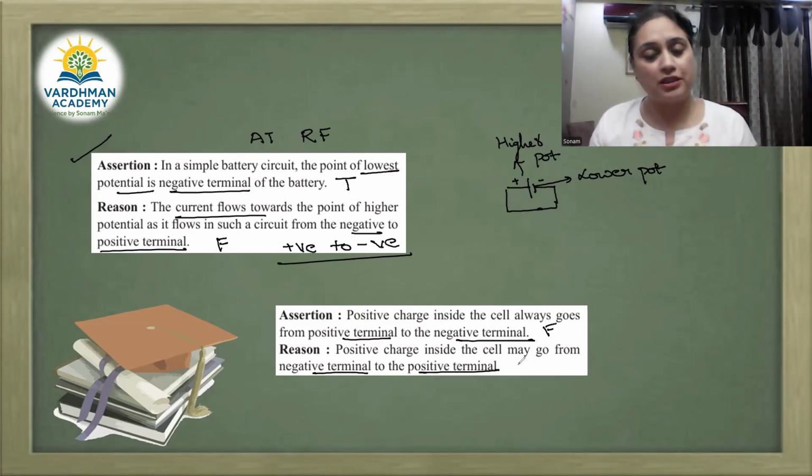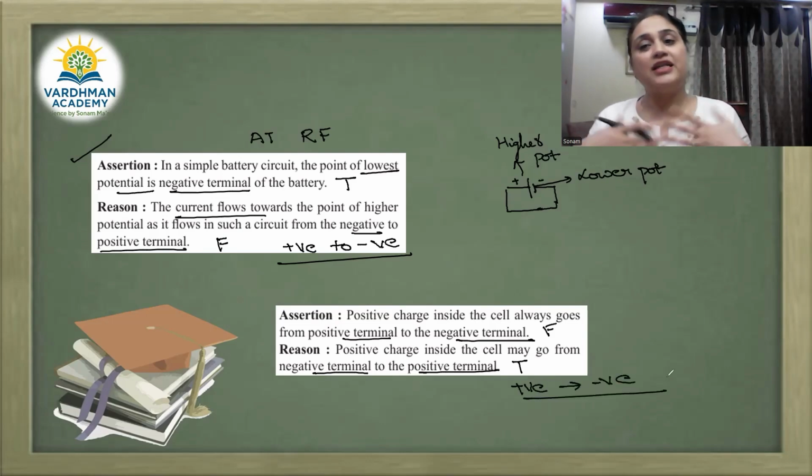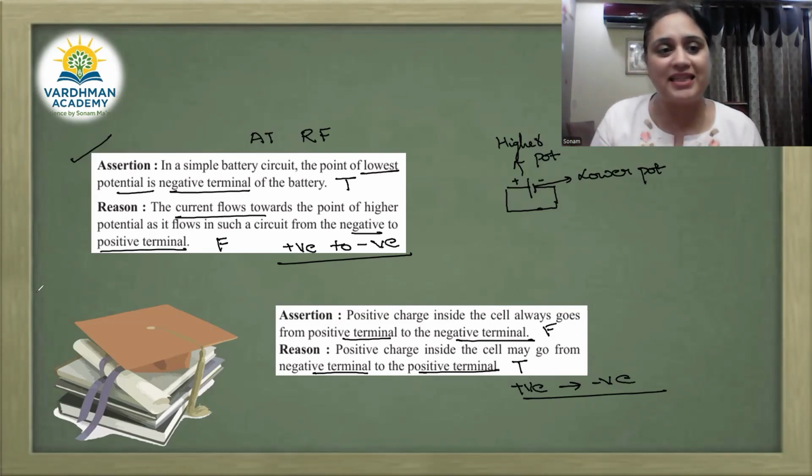Yes, there is a possibility. The reason statement is true because the positive ions move from positive to negative. So the movement may take place from the positive terminal to the negative terminal. That makes the statement true. So assertion is false, but reason is true, children.